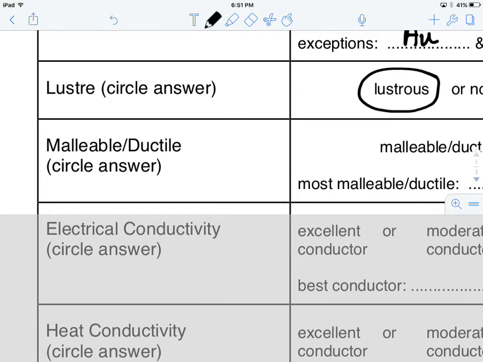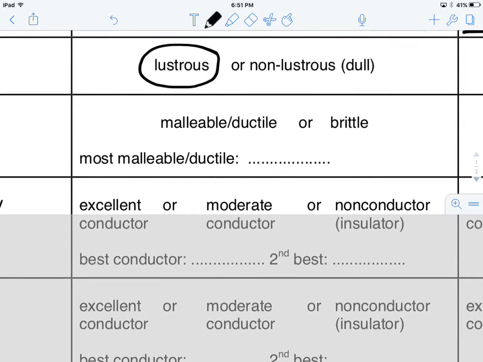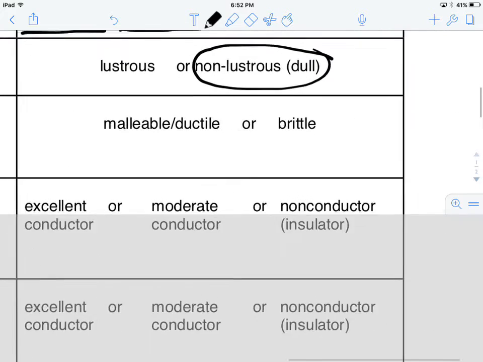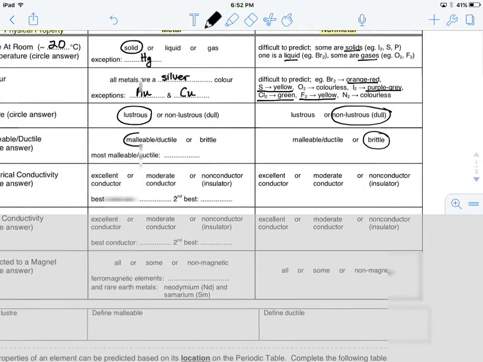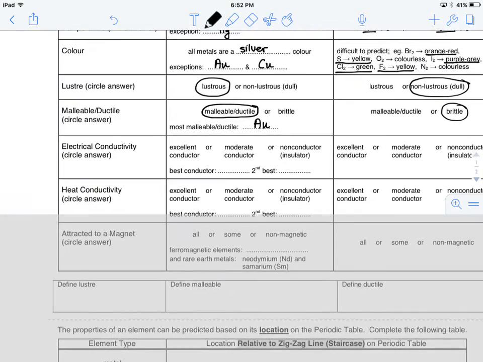Recall that malleable is the ability to hammer it into a thin sheet, where ductile is the ability to pull it into a string or a thread. Metals are malleable and ductile. The most malleable is gold. As it turns out, the nonmetals are brittle, and so they are not workable at all.